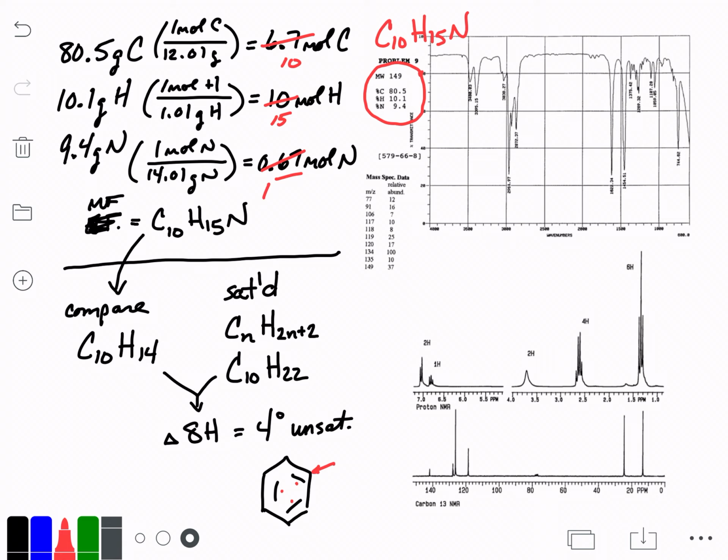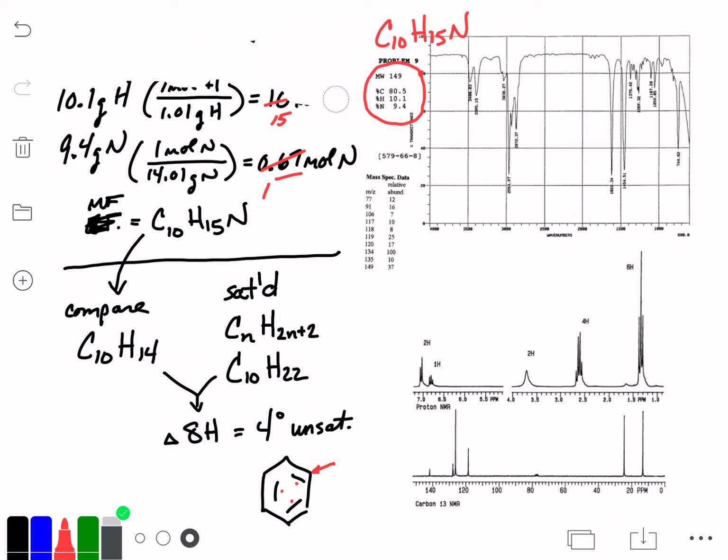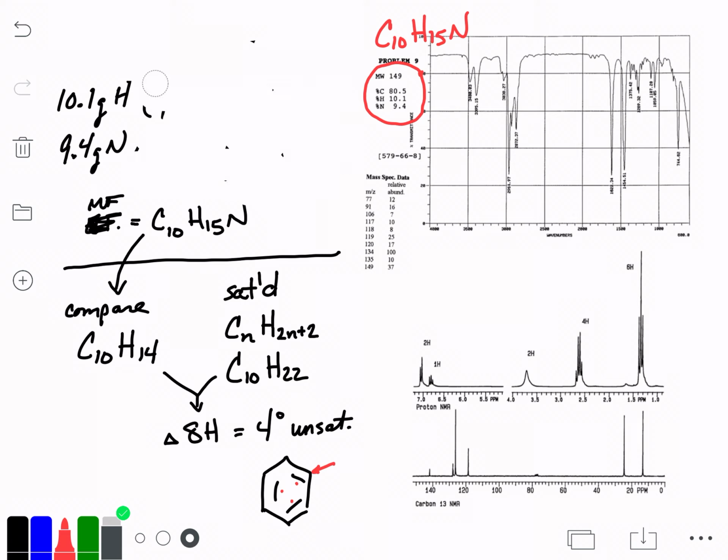So that's a pretty easy way to get us 4 degrees of unsaturation. If you do a problem that gives you 4 or 5 or 6 degrees of unsaturation, consider an aromatic ring. It's a really good first step. So let's consider that we have an aromatic ring in our molecule. That takes care of 6 of our carbons. We still have 4 carbons, a bunch of hydrogens, and a nitrogen to figure out.